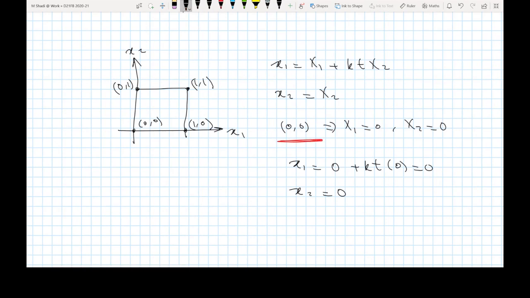Now we want to do the same thing for the second, the third, and the fourth point. So we just repeat the same thing for the 4 points. So the second point is (1, 0). And then this will give us X1 is equal to 1, and X2 is equal to 0.